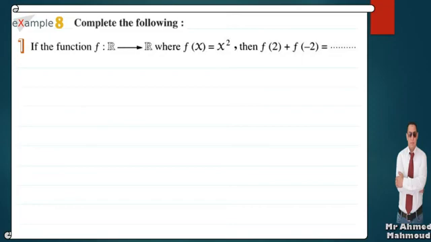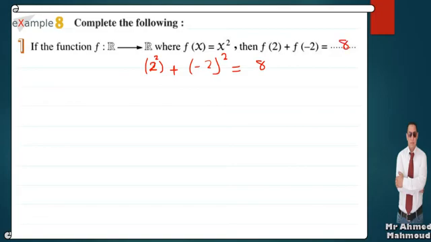F of 2 means 2 power of 2, plus f of negative 2 means negative 2 all power of 2. It's equal 2 power of 2, 4, plus 2 power of 2, 4, equals 8. Then the function here equals 8.